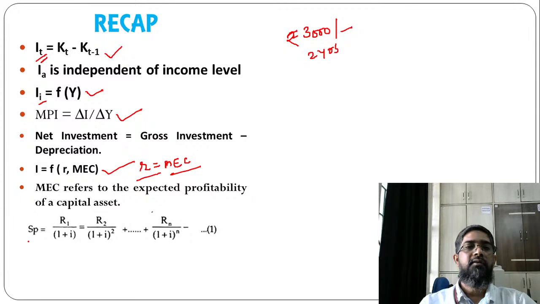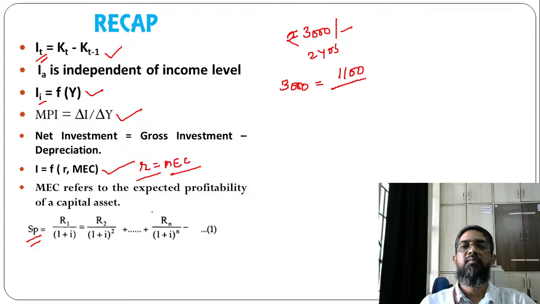So the supply price, assuming it as 3000, will be equal to the return from the machine in the first year, divided by 1 plus the rate, say 10%, so 0.10, and in the second year again divided by 1 plus 0.10 squared.